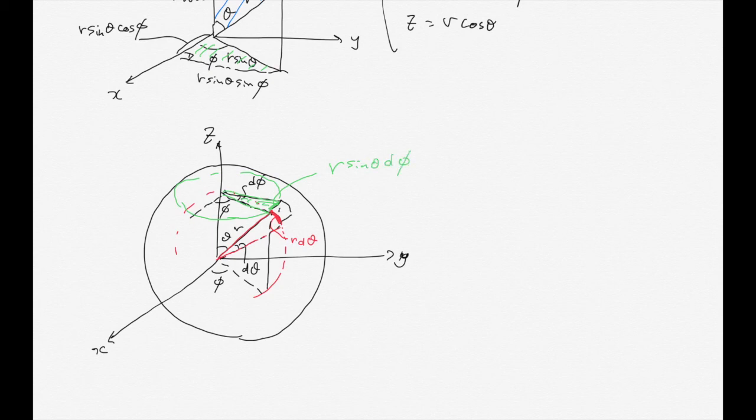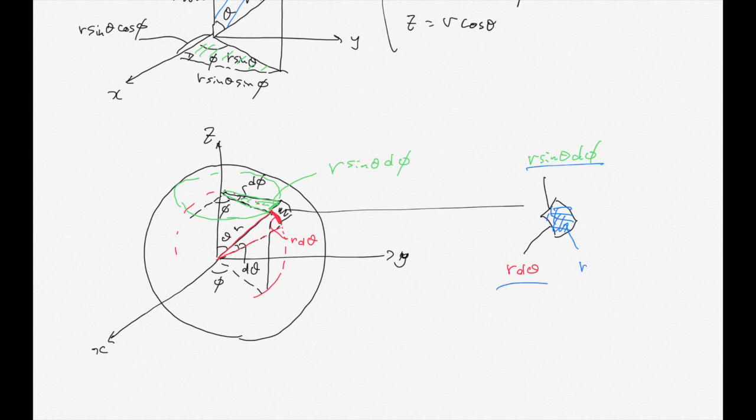So you can pick up these areas. So this part is r d theta. This length is r sine theta d phi. Then area: this small patch of the surface of a sphere is expressed as the product of these two quantities.